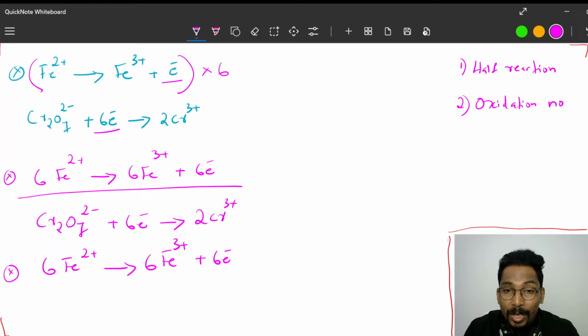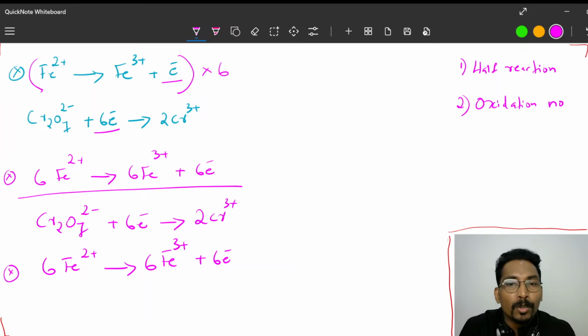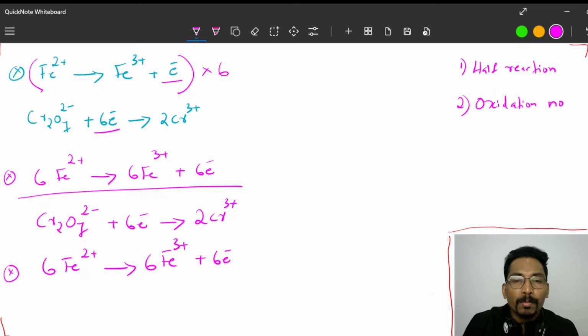But in the second equation you can see 7 oxygen atoms on the left side in Cr2O7 2-. How can you balance oxygen in a redox reaction, especially in the half reaction method? You can add H2O for balancing oxygen. For every oxygen atom less, you can add H2O. For example, if 2 oxygen atoms are less on one side, you can add 2 H2O on that side.